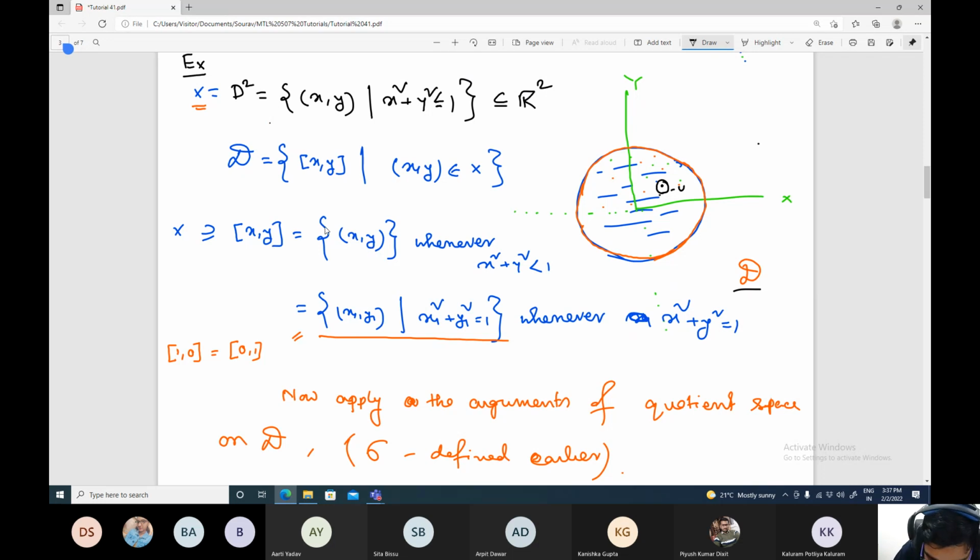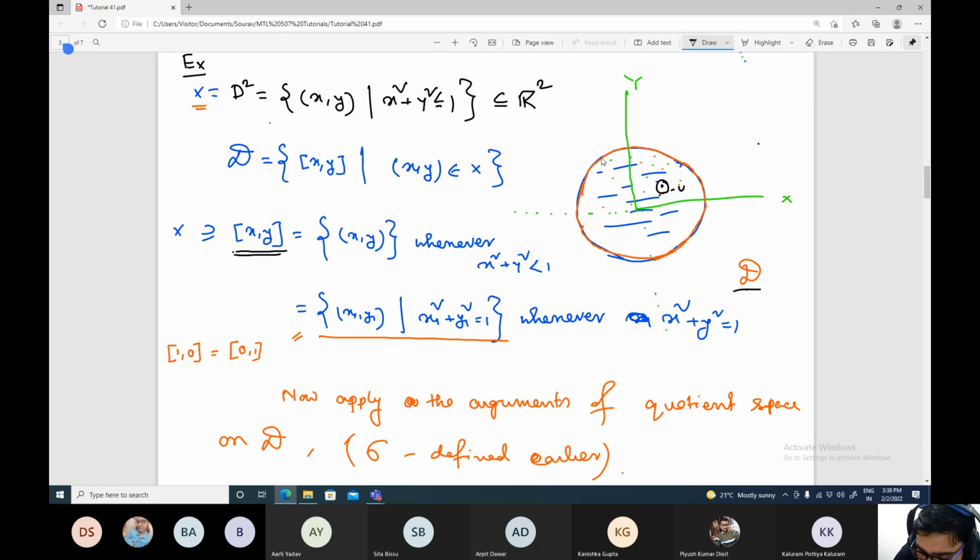In this neighborhood U, the elements will be of the form x comma y, right? And if you take the union of these sets, this will simply be the set U. But earlier it was a subset of D as an equivalence class, and now it will occur as a subset of X. Therefore, each point has a neighborhood of this form.